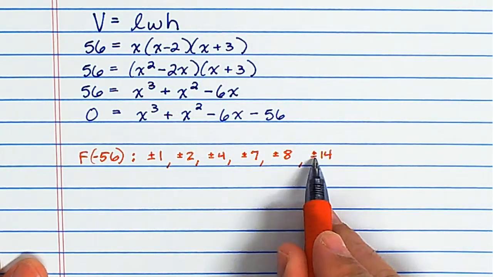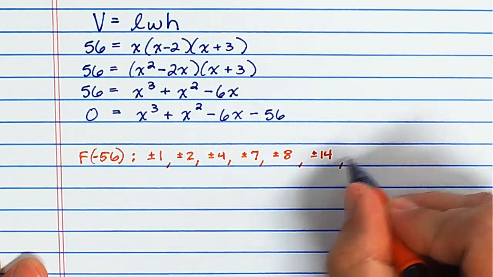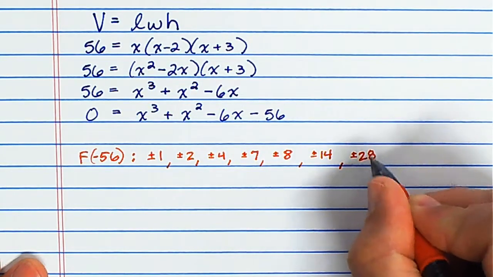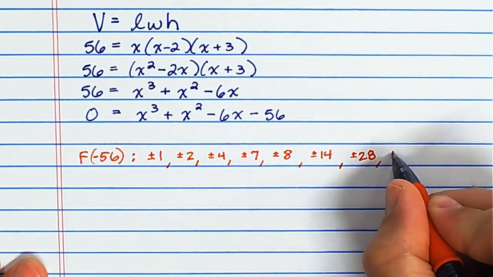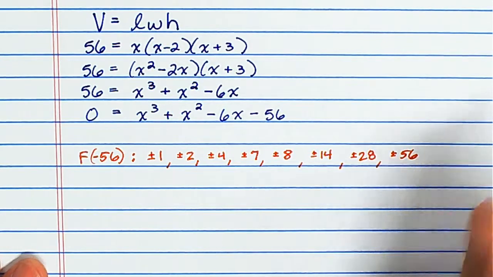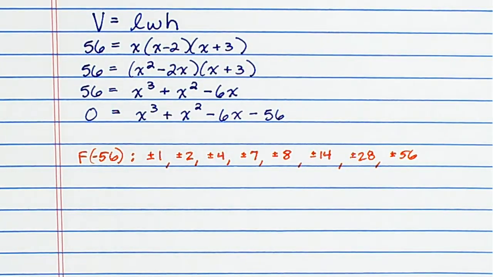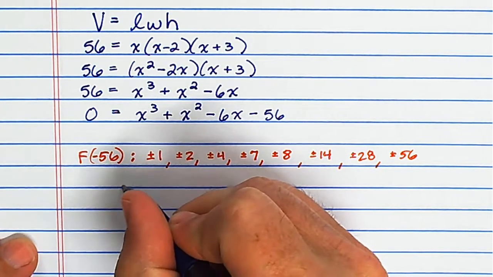So 4 times 14, 2 times 28, and 1 times 56. So those are all of my factors of 56. I'm going to make my synthetic division table here.